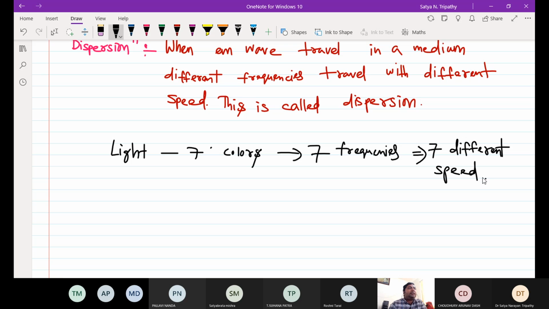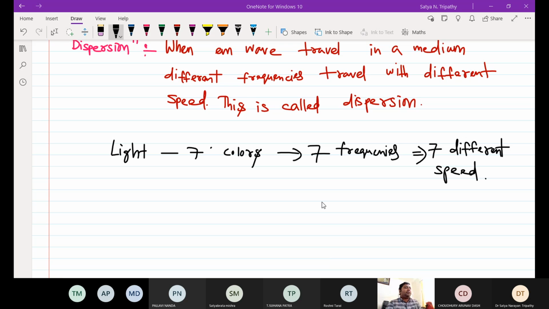All the colors will travel at different speeds. If you have blue light, it has high energy, so it will travel faster, and it depends on the frequency or wavelength, whichever you choose. So different frequencies travel with different speeds. This is the phenomenon of dispersion. So this is a very important concept.